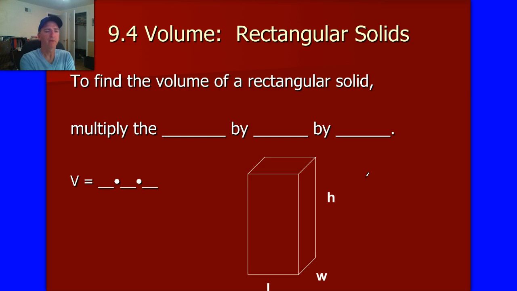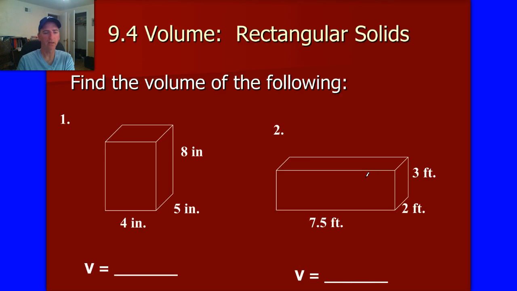So the volume for a rectangular solid is pretty simple, really. All you need to do is multiply the length by the width by the height. If we look at a problem like these two, pretty simple questions actually. Number one, to find the volume, you're just multiplying 4 times 5 times 8, and it would come out to be 160 inches.